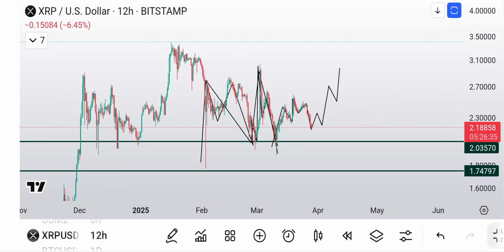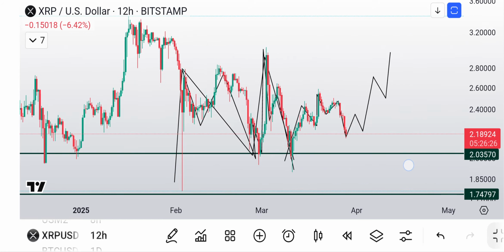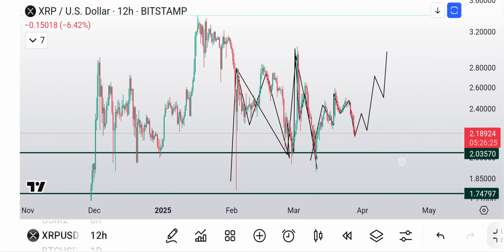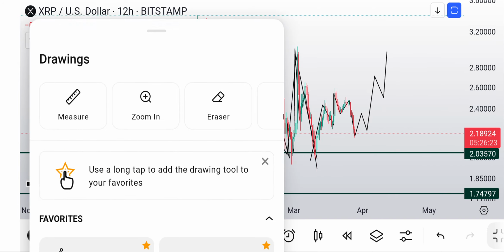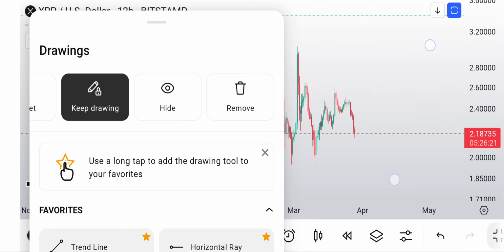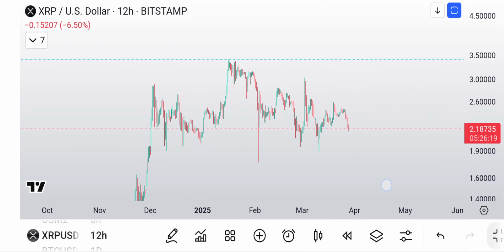So I'm just trying to make sense of what this range is, and this pump and dump really kind of messed up the chart, so it's kind of hard to identify what it's doing. But fourth waves are always complicated.